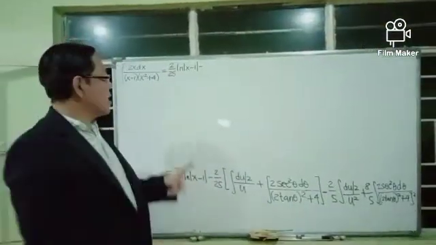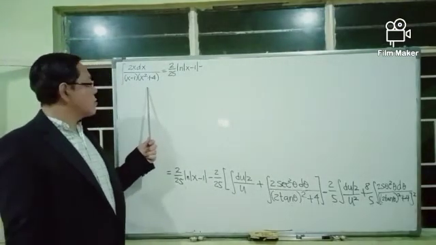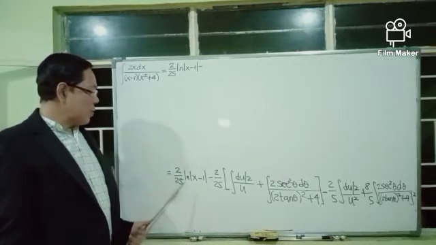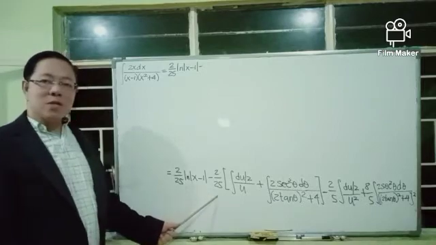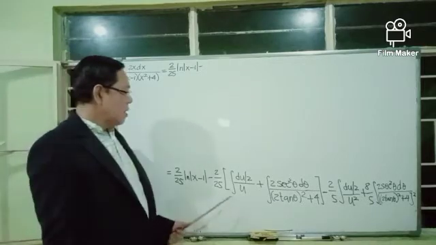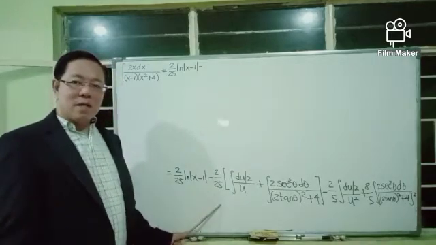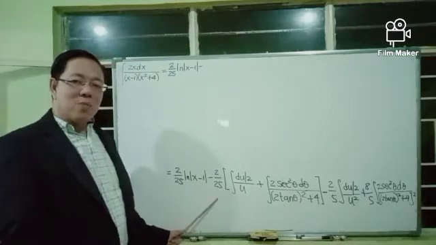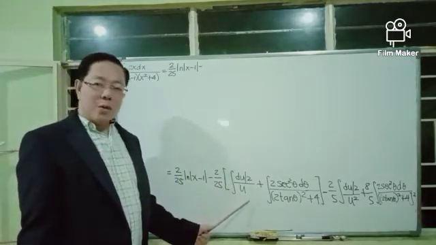The given integral of 2x dx over x minus 1 times quantity x squared plus 4 is now equal to 2 over 25 multiplied by ln of x minus 1 minus 2 over 25 multiplied by 1/2. 2 over 2 will cancel out, and you get negative 1 over 25 times the integral of du over u.